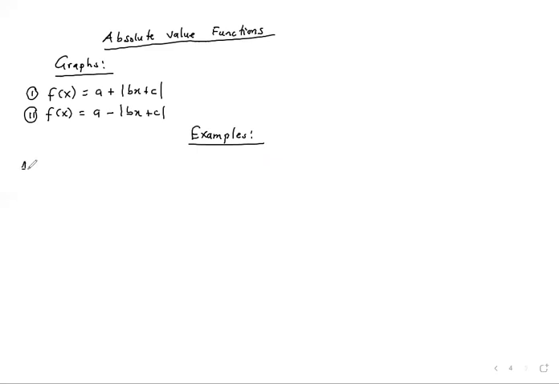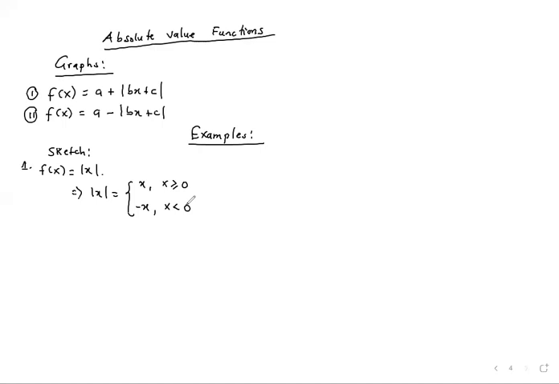Examples, sketch 1, f of x is the modulus of x. Now, one thing we must know is that the modulus of x is defined as x if x is greater or equal to 0, and it is negative x if x is less than 0.